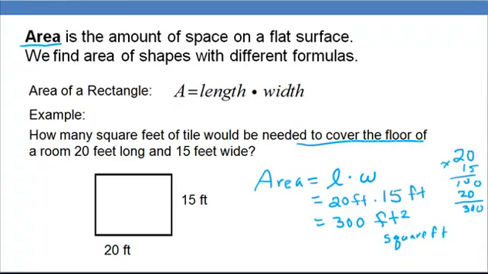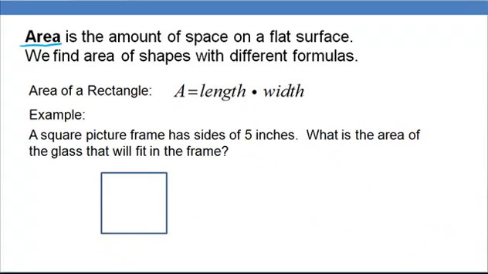For our next example, we have a square picture frame that has sides of 5 inches. What is the area of the glass that will fit in the frame? So we have a square. You need to know that a square is just a special rectangle with sides that are equal.